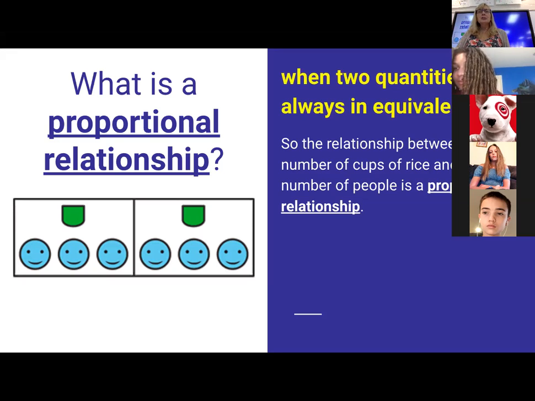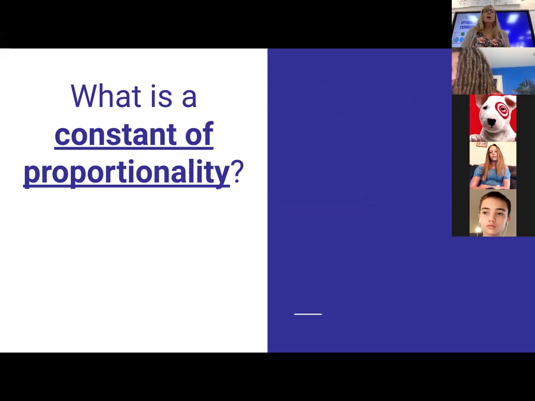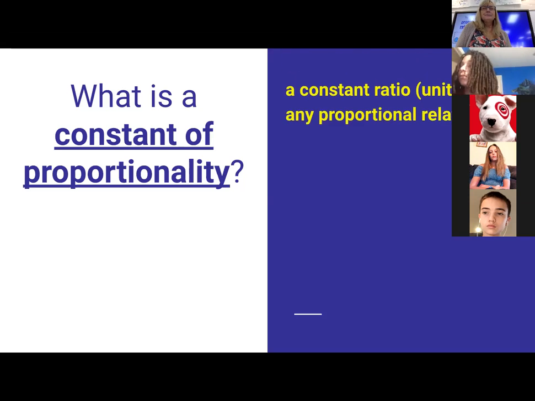And if one number is multiplied by the same number to get the other number, and every single one of them is multiplied by that constant, that is our constant of proportionality. That's our multiplier. So any constant ratio, and remember unit rates from sixth grade?